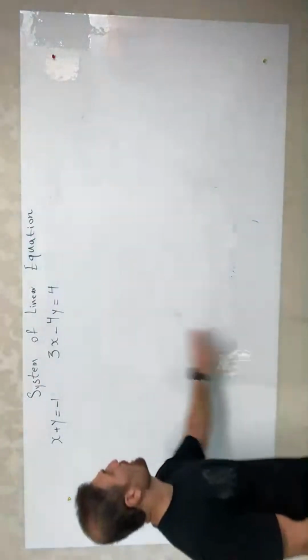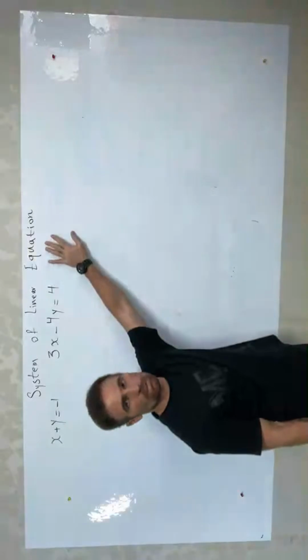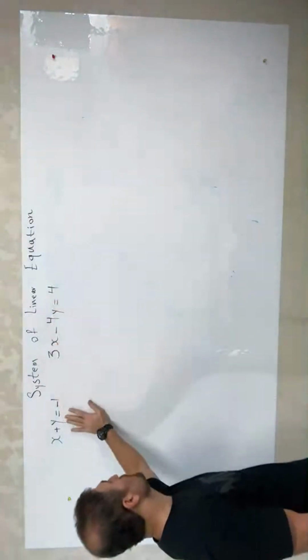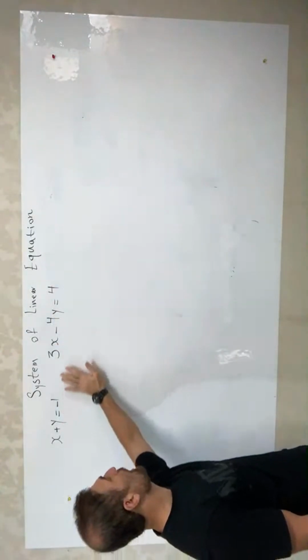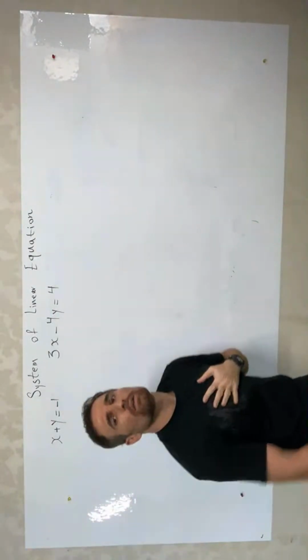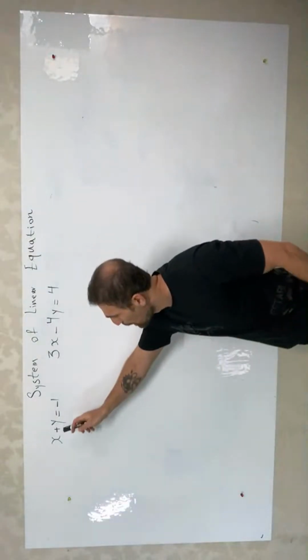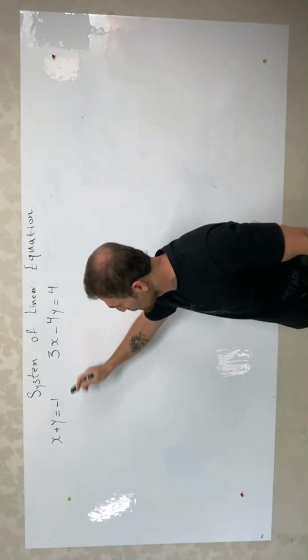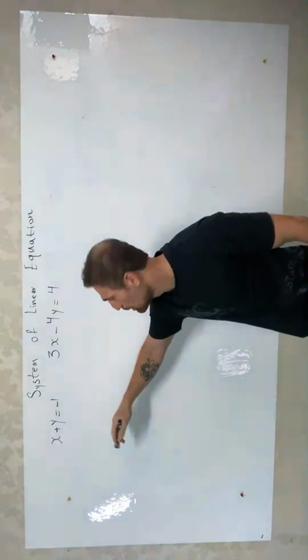To solve a system of linear equations by substitution, we need to choose one of our two equations. I usually choose the linear equation that has smaller coefficients.